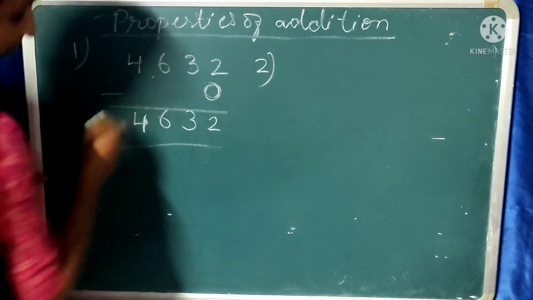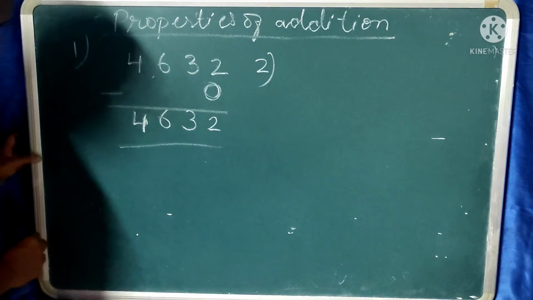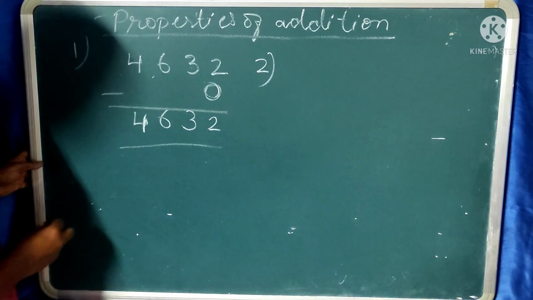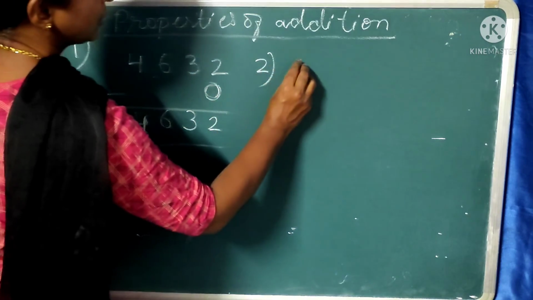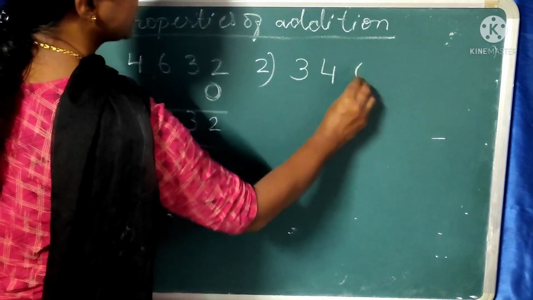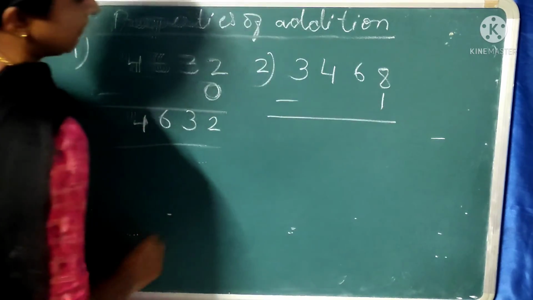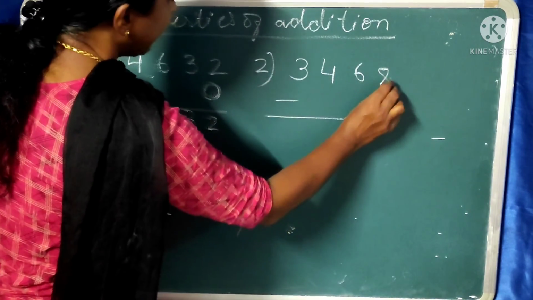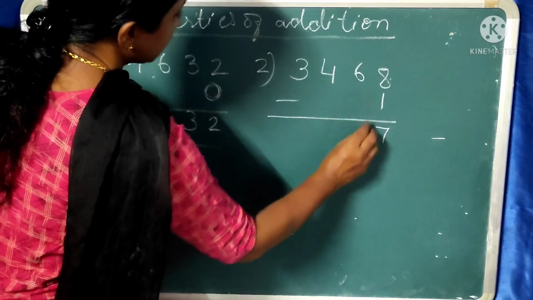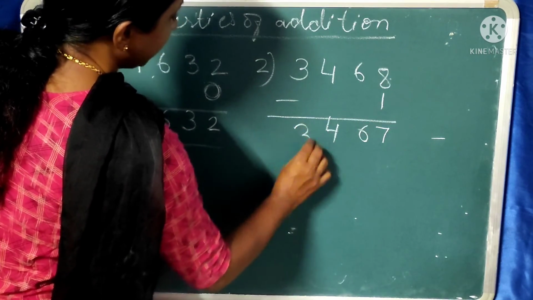The second property is when 1 is subtracted from a number. Suppose we take 3468. When 1 is subtracted from it, 8 minus 1 is 7, and we get 3467.